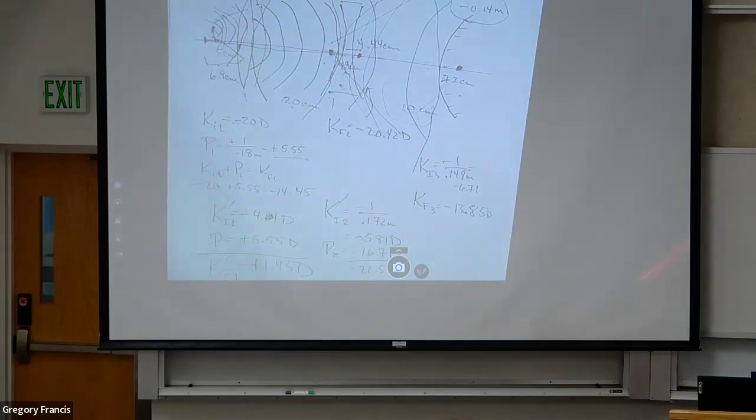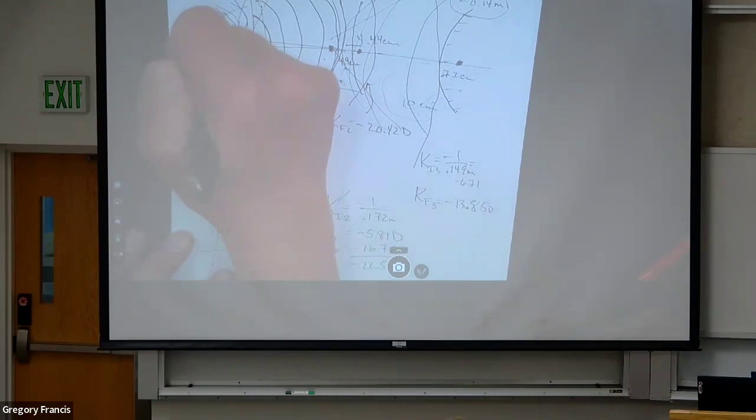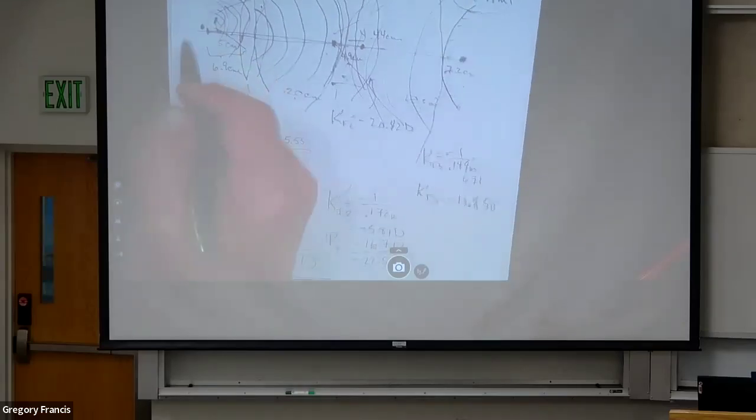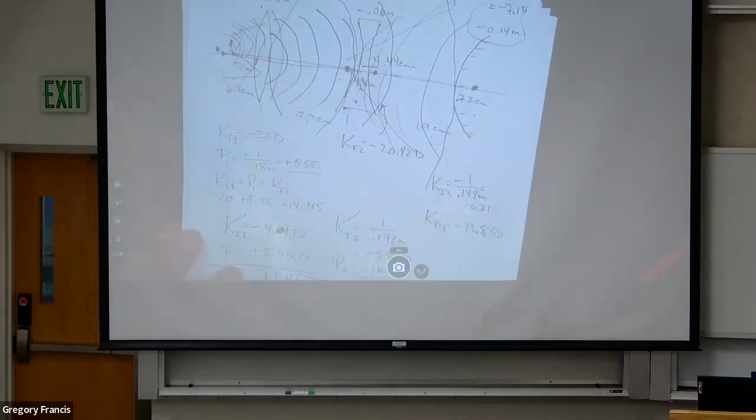After all that negativity, we have a converging wavefront on this side, and it's going to converge down to a real image, and that real image is going to be a distance of, holy smoke, 69 centimeters away. Way the heck and gone. Okay, I have no room on the paper to put that.